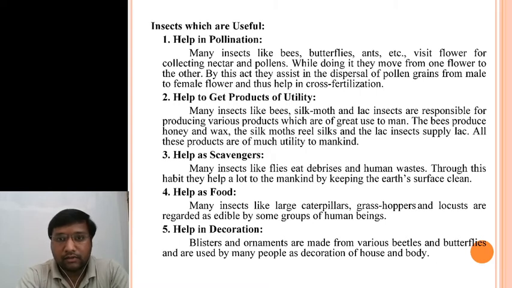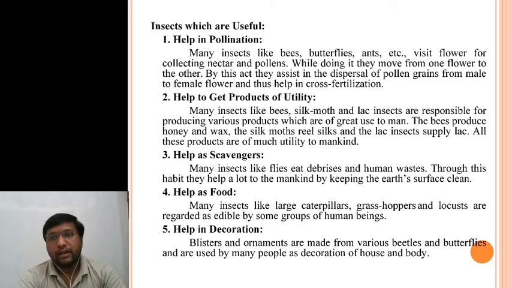Then silk moth which produces silk, then lac insect which produces lac. So these are the products which are of great use for man. Then third, it helps as scavengers. Many insects like flies eat debris and human waste. So it helps mankind a lot by keeping the earth surface clean.